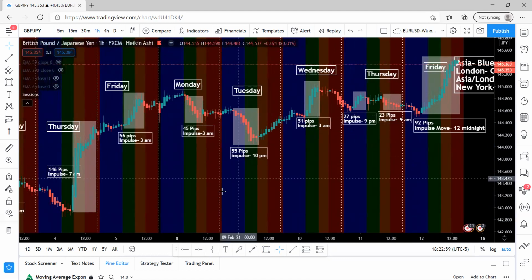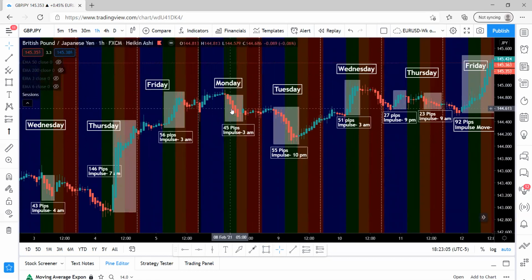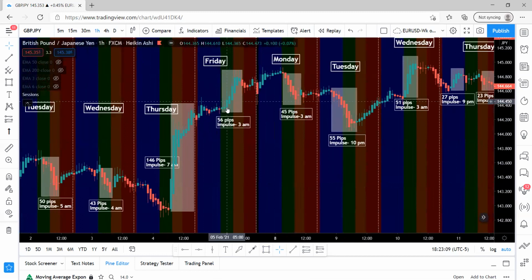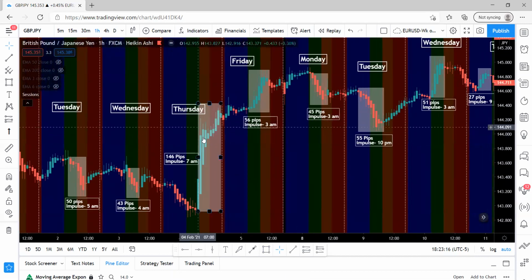Here was in the London session. On this day, it was from Asia and went through to London. Here, it started in the London and went through to the overlap of New York. Started into London and went through the overlap of New York. Thursday, we had an overlap in the London and New York session and went through to New York.